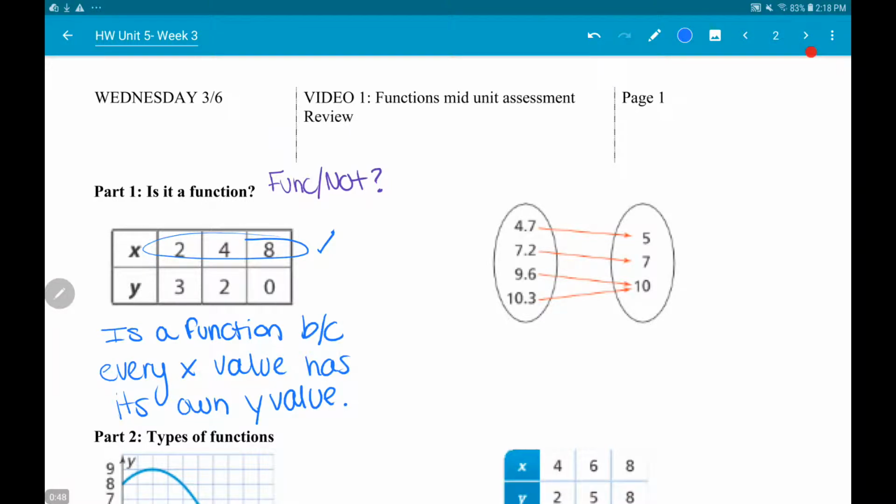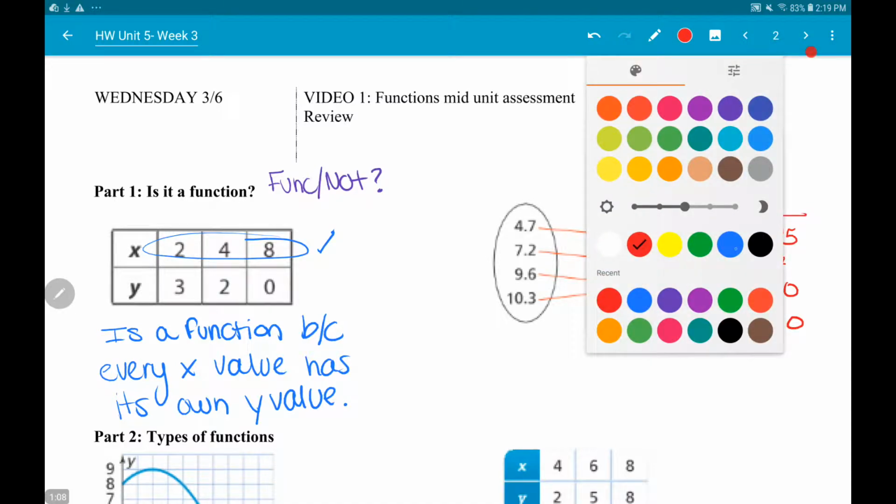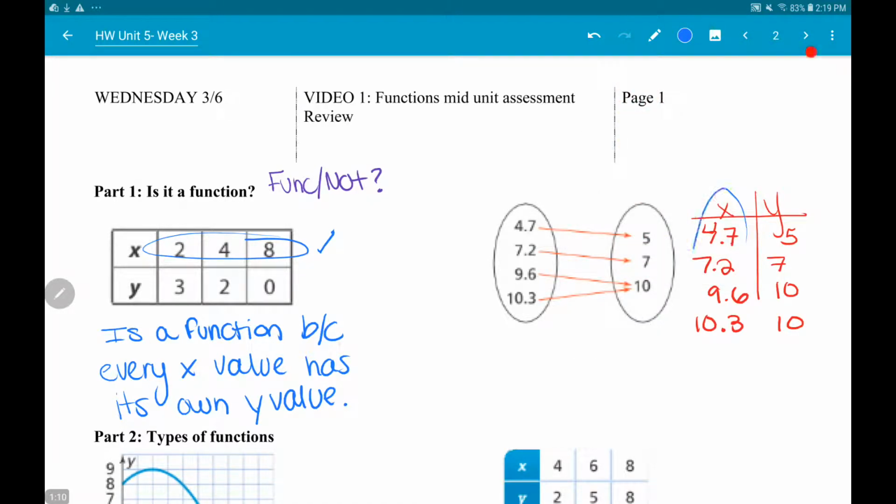All right. The next one is in a mapping diagram. When we see it in a mapping diagram, we can easily turn that into an x and y table. You do that by looking at the arrows. So if I were to transfer it into a table, it would look something like this. So same thing, I'm going to scan to see if my x values are repeating.